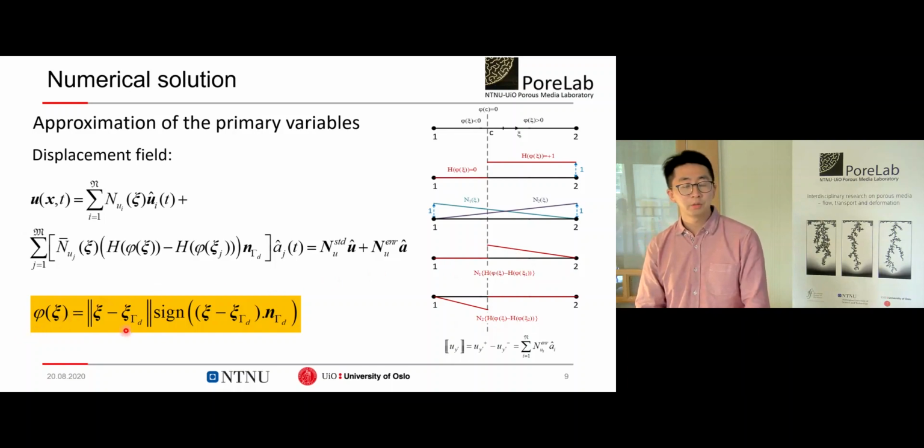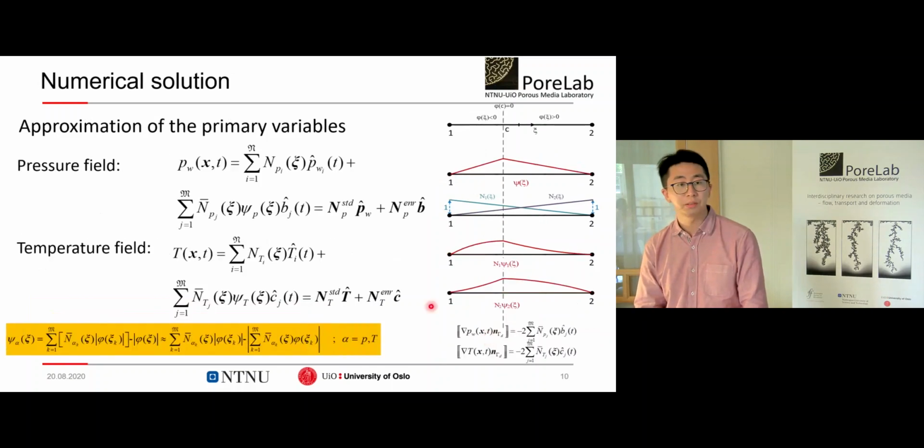And we use this signed distance function to distinguish which side of the crack we are on. It's worth noting that the enrichment will vanish on elements not containing a discontinuity. And here shows how to calculate the displacement jump.